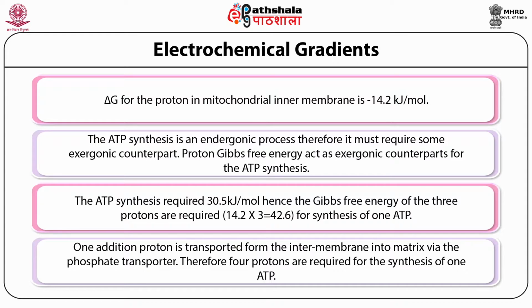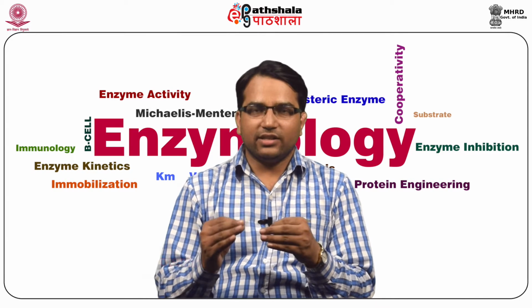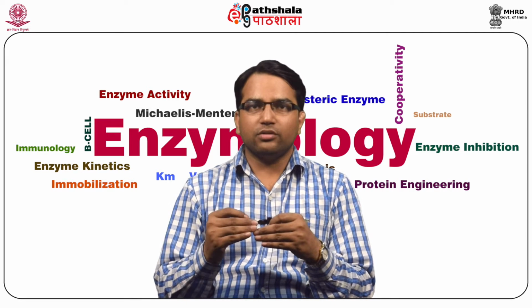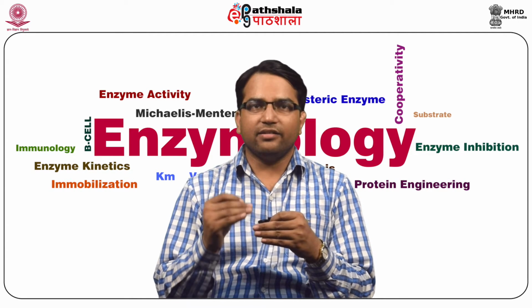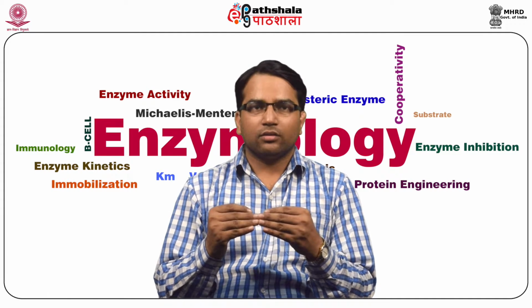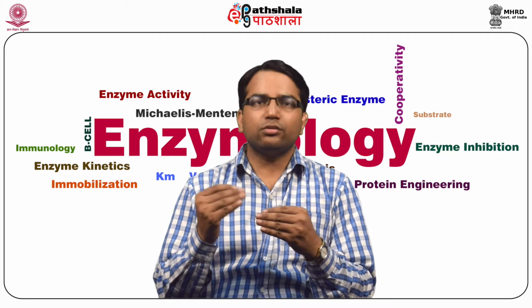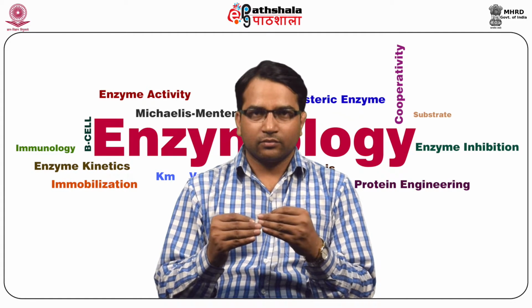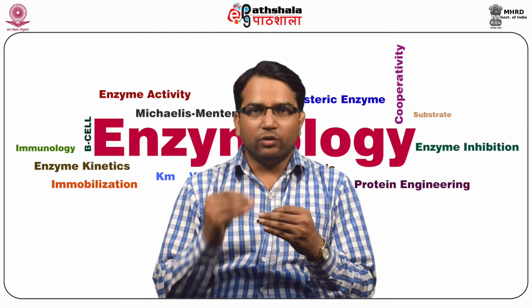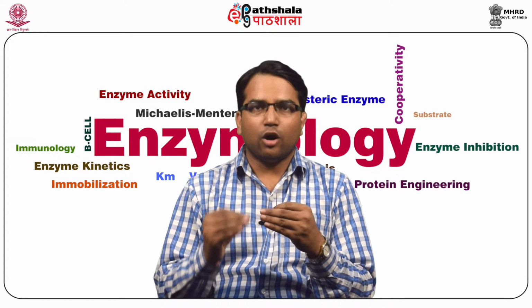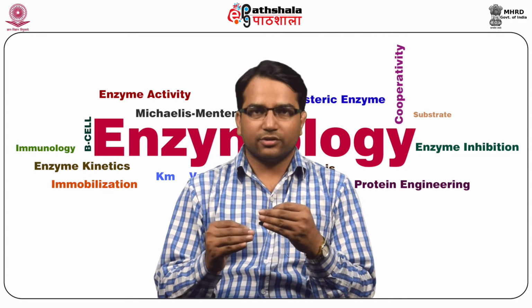Chemiosmotic potential or proton motive force. Peter Mitchell proposed the chemiosmotic theory in 1961. The movement of protons from the matrix to the intermembrane space creates a proton gradient, which is used to generate chemiosmotic potential or proton motive force.